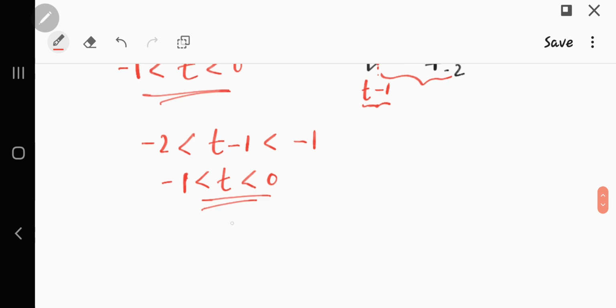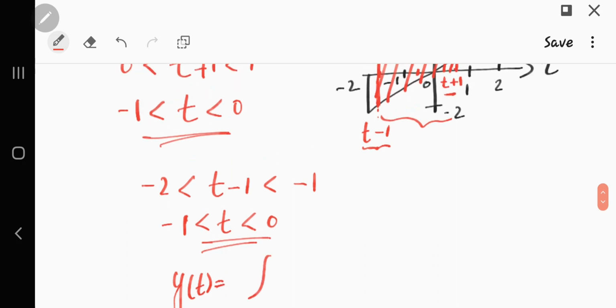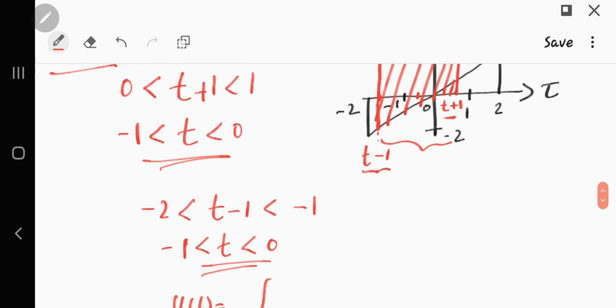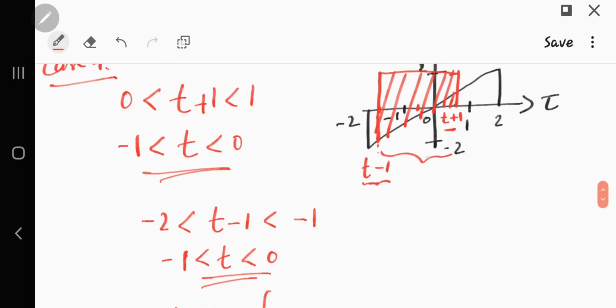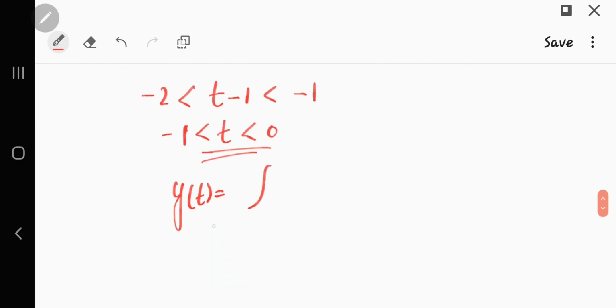Now in this limit, what happens to our y of t? Let's check that. y of t is equal to the integral over the overlapping region, which is between t minus 1 and t plus 1. So we write t minus 1 to t plus 1, h of tau, x of t minus tau, d tau.